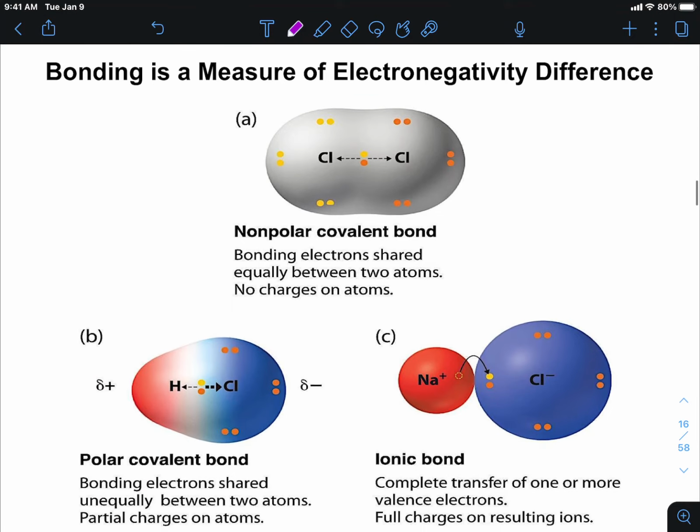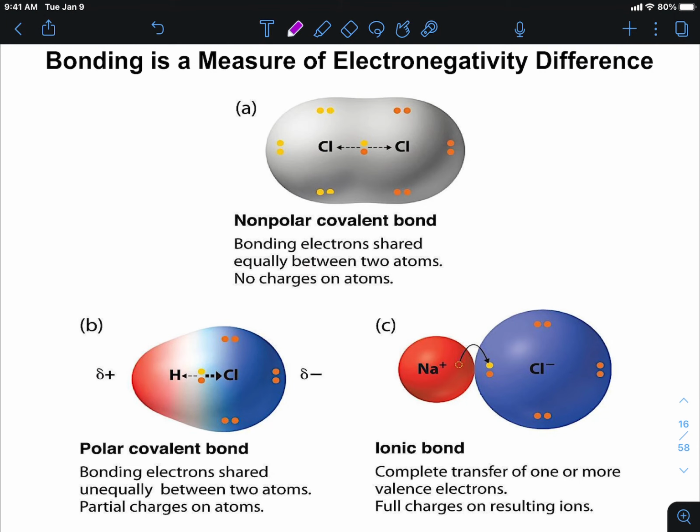Okay. So this slide here kind of sums this up nicely. 3 types of bonds. Let's go backwards because we talked about ionic first. In an ionic bond, it's an attraction between ions. Why does it happen? It's because the electron was completely pulled off of the metal. Positive ion next to a negative ion. That's an ionic bond. And that only happens when your delta En is greater than 1.7. Polar covalent bond.